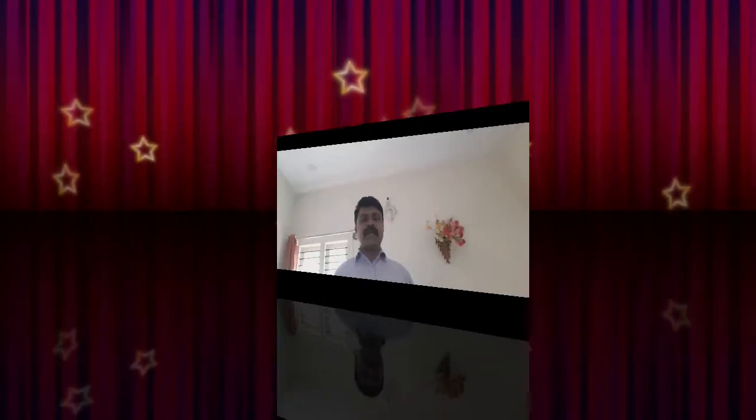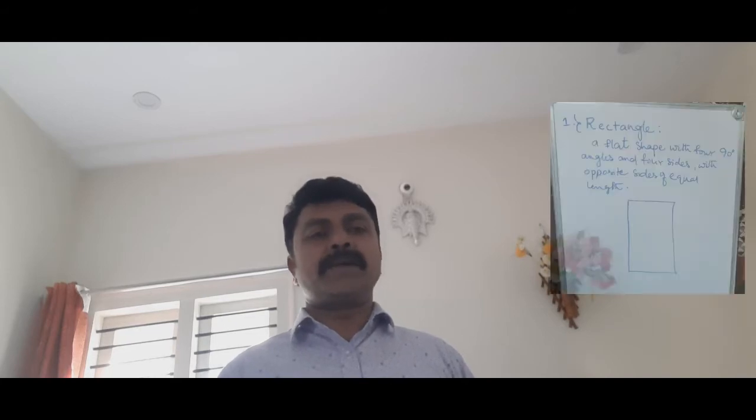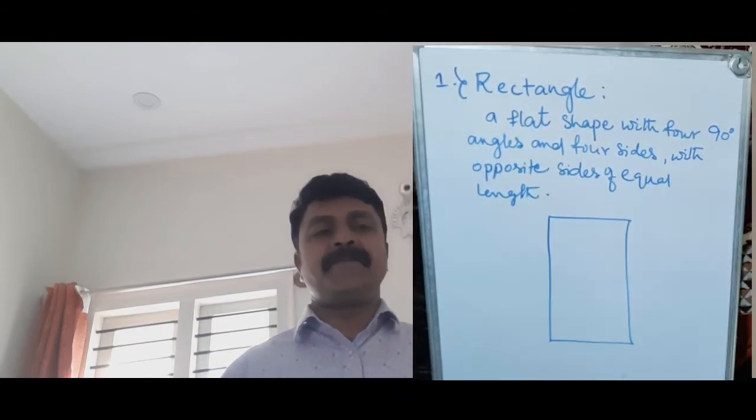Let's start the video. Hello friends, today we will study the two-way bar diagrams one by one. These are very rarely used, but researchers should know them. Under that, number 1 is the rectangle.